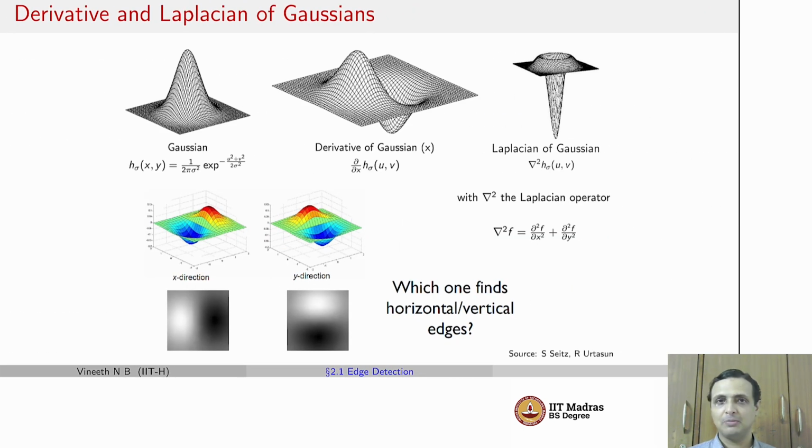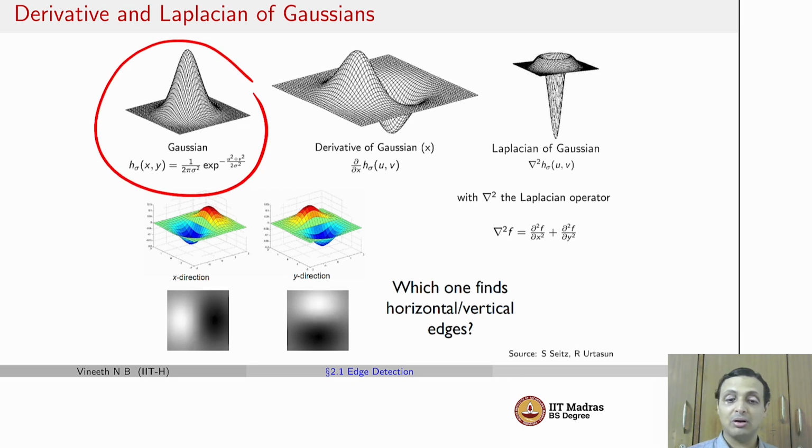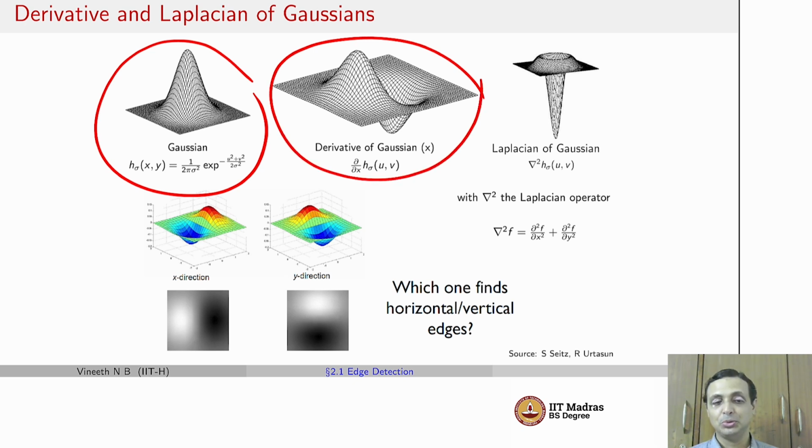So here is a visual illustration of these different filters. This is your Gaussian filter. This is your derivative of Gaussian filter. I hope you understand this even geometrically, that if you differentiate the Gaussian, this is what you would get as the derivative of Gaussian. And you can also check that if you differentiate this, you would get the Laplacian of Gaussian, which looks somewhat like this.